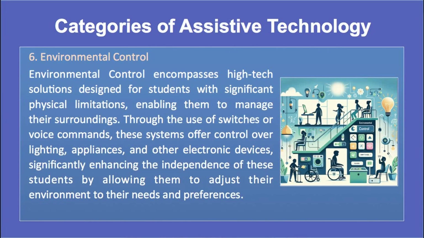These adaptations ensure that all students can effectively interact with digital content and computer-based learning activities. Environmental control. Environmental control encompasses high-tech solutions designed for students with significant physical limitations, enabling them to manage their surroundings. Through the use of switches or voice commands, these systems offer control over lighting, appliances, and other electronic devices, significantly enhancing the independence of these students by allowing them to adjust their environments to their needs and their preferences.